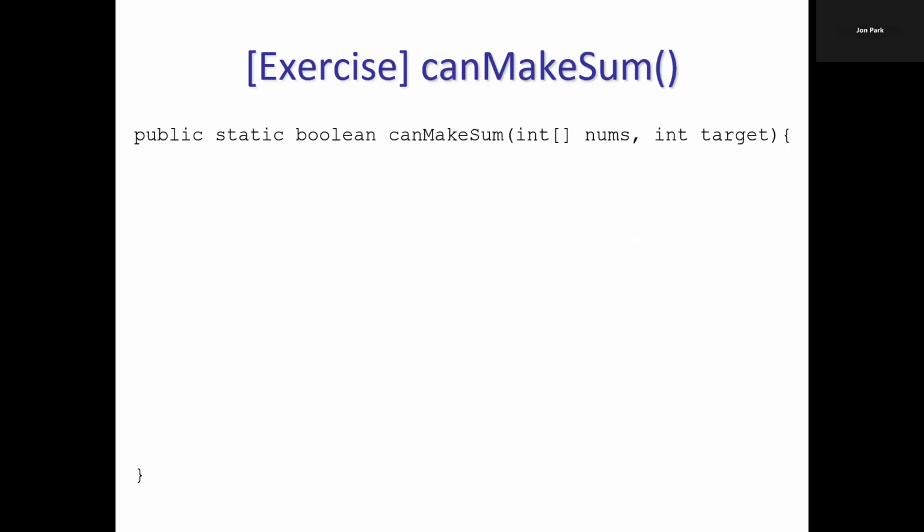So for example, if nums is 1, 2, 3, and target is 4, then what should it return? True, because the subset 1, 3 adds up to 4.